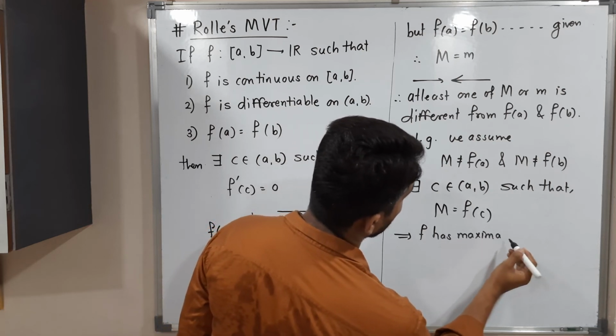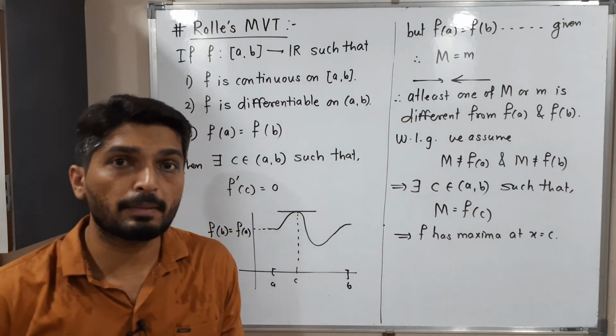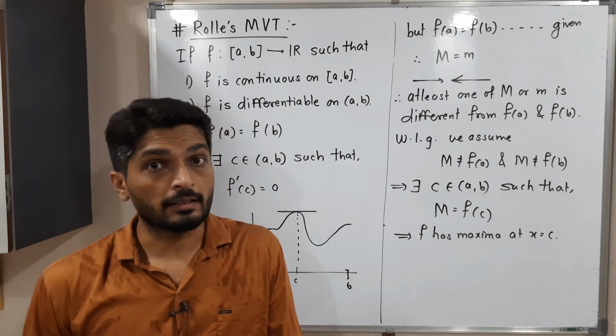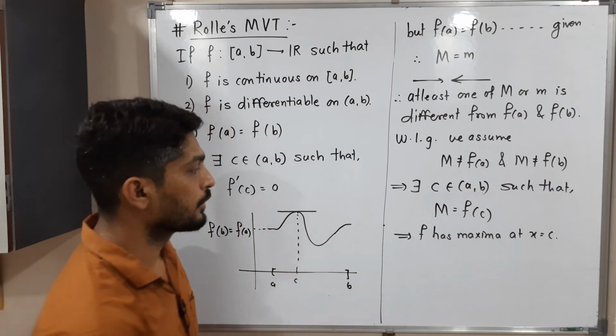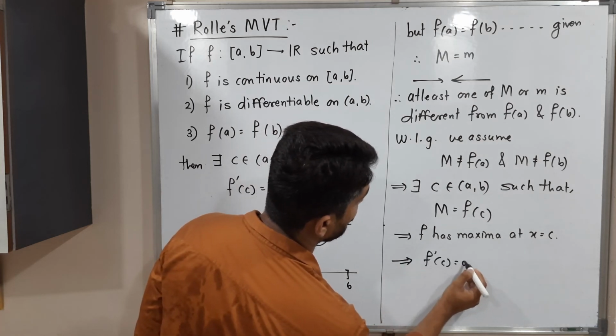That means the function has a maximum value at x equal to C. You know that if a function has a maximum or minimum value, that means an extreme value, then the derivative must be 0. So implies f dash of C is equal to 0.